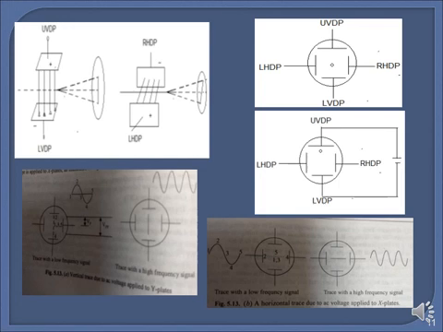Similarly, when an AC signal voltage is applied to the vertical deflecting plates, we will get a vertical trace of the electron beam on the screen. And if an AC signal voltage is applied to the X plates, then we will get a horizontal trace on the fluorescent screen.